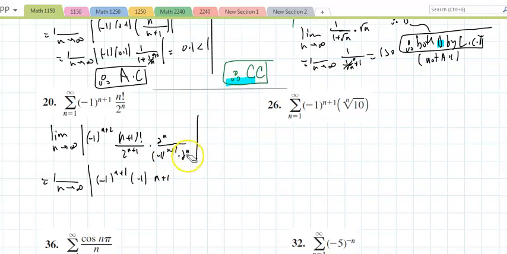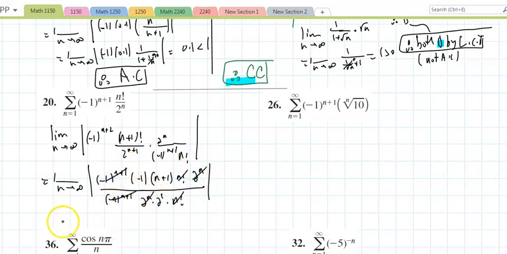Okay, I did that a lot. N factorial, n plus 1 times n factorial times 2 to the n over negative 1 to the n plus 1 times 2 to the n times 2 to the 1 times n factorial. So the factorials cancel out, the exponentials cancel out, the alternating part cancels out.